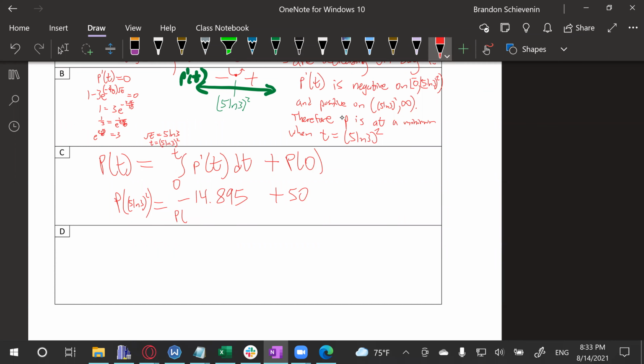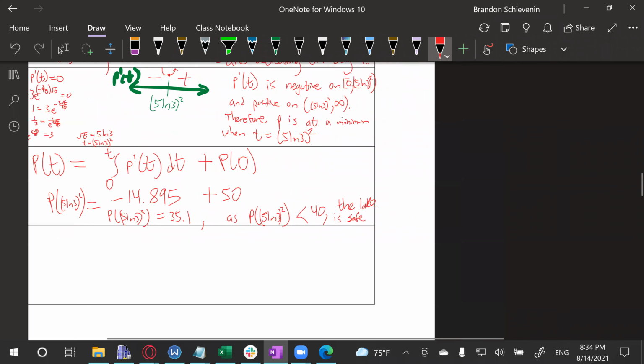P at 5 ln 3 squared is roughly 35.1. As P at 5 ln 3 squared is less than 40, the lake is safe at that time.